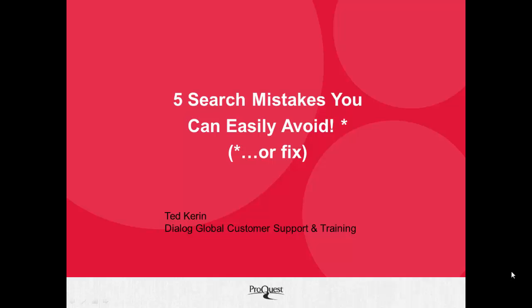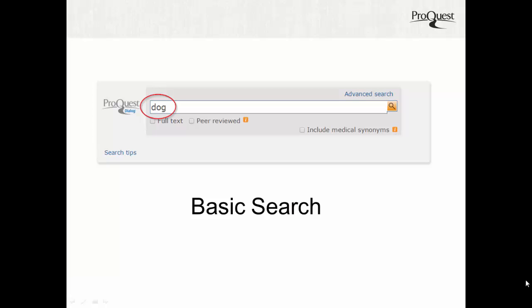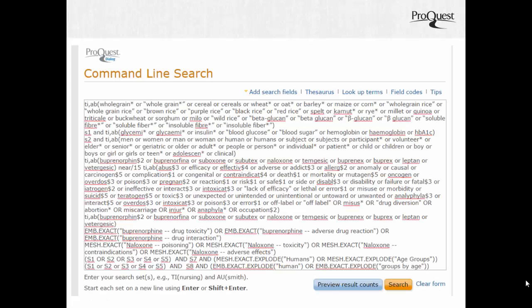Now, we're going to be talking about search mistakes, but it would be a mistake to think of these as common errors because, in fact, the most common result by far in using ProQuest Dialog is to have no errors at all. The search engine is designed to let you do everything from the simplest kind of Google-type search all the way through some very complex combinations of search statements, and really it's very seldom you're going to encounter any kind of a technical glitch.